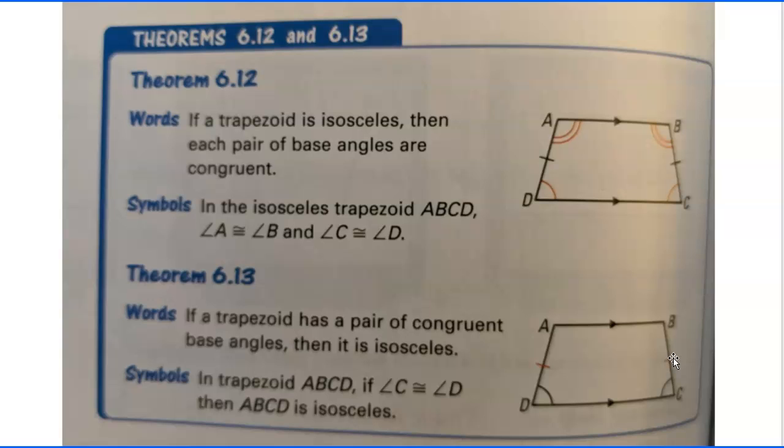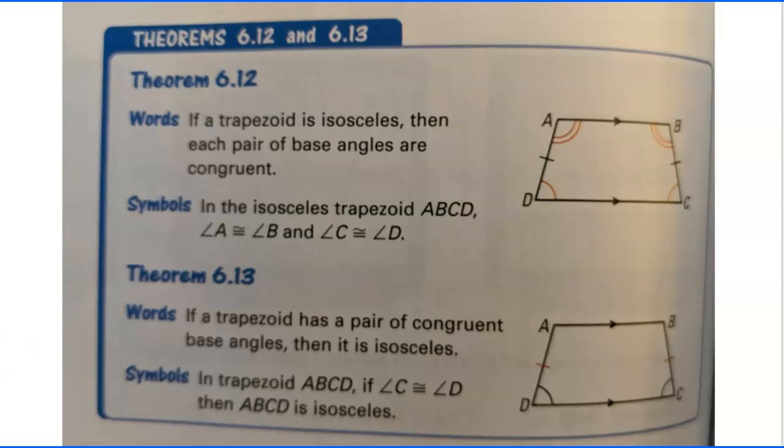So this is all about the isosceles piece. I know that's a mouthful to say, but it's showing the base angles, the congruency of those. If we end up having congruent angles, then we know that we've got these 2 legs that are equal in measure, and it is an isosceles trapezoid.